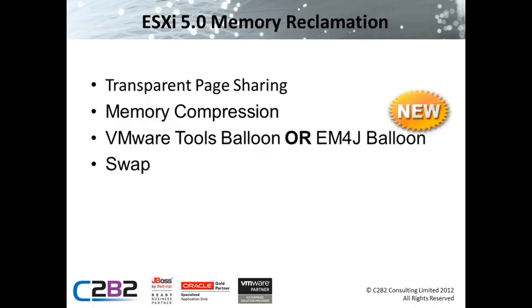And this is all because essentially ESX5 allows for transparent page sharing between different guests and memory compression. So what tcServer comes with is something called EM4J, which essentially allows you to balloon memory in VMware vSphere.